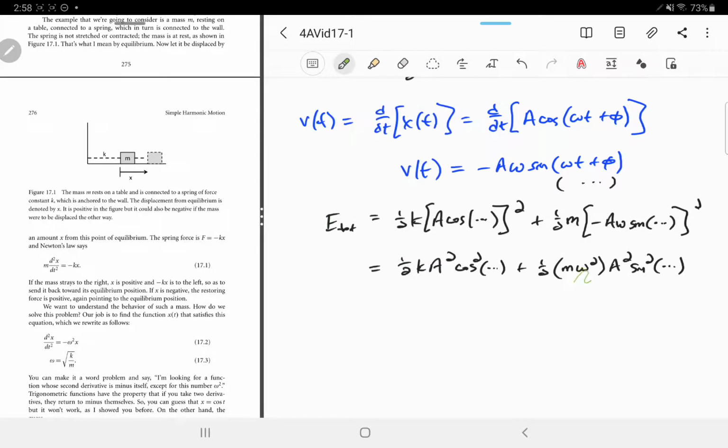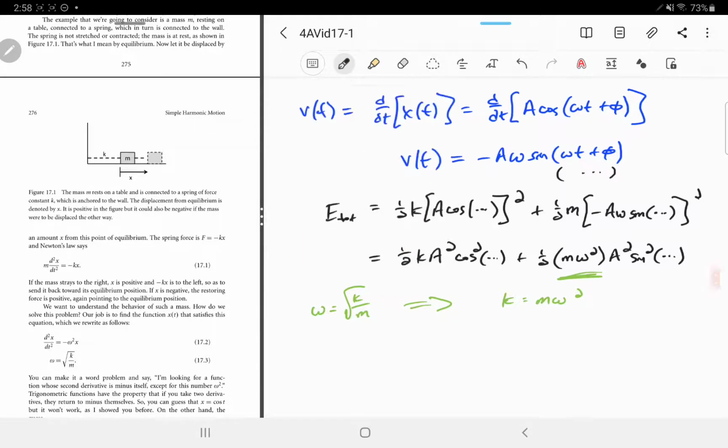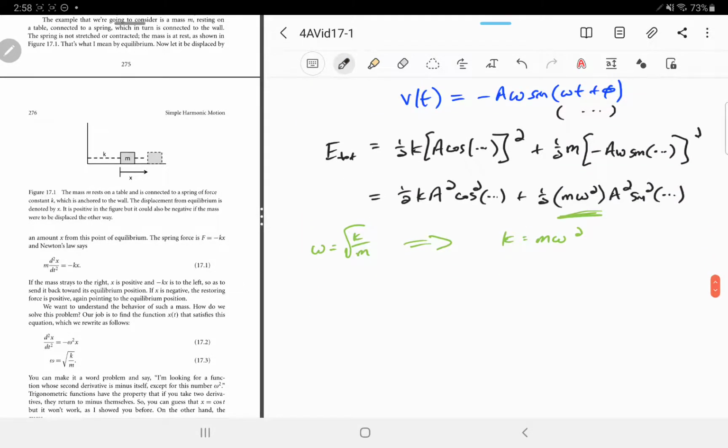Now, remember that omega was the square root of k over m. So if I square both sides of this relationship and multiply by m, I get k is equal to m omega squared. So for m omega squared, I can plug in that it is equal to k.